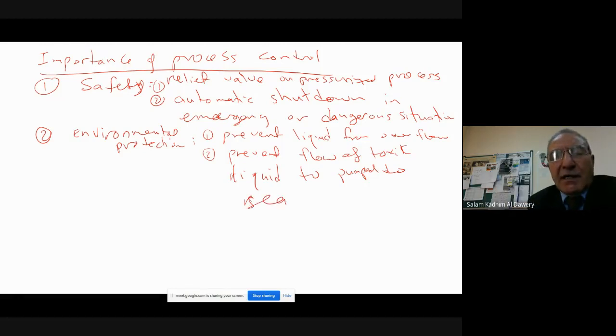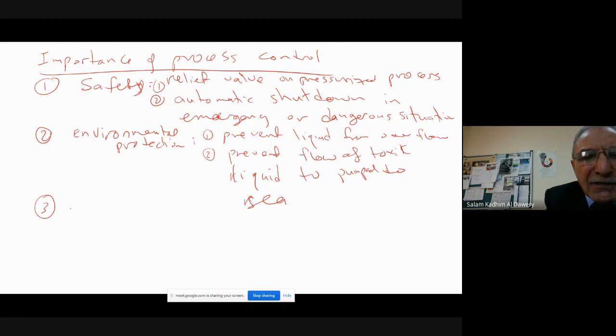In the plant, when we have a waste liquid, where do we put it? We cannot dump it on the ground, it's not a solid. We have to pump it to the sea or to the river. So anything could happen. For toxic material, you should prevent that by using a control system.